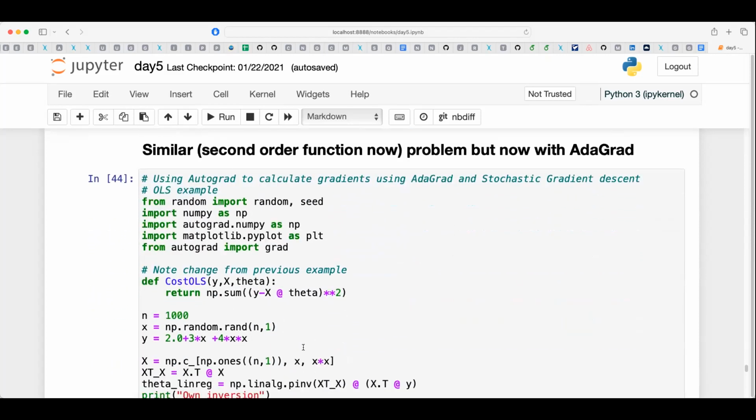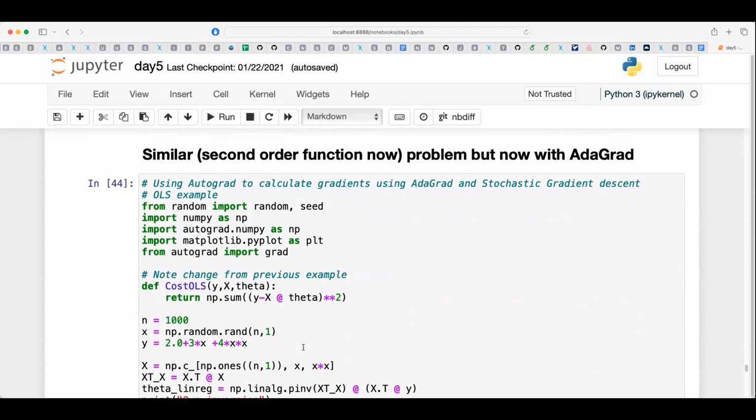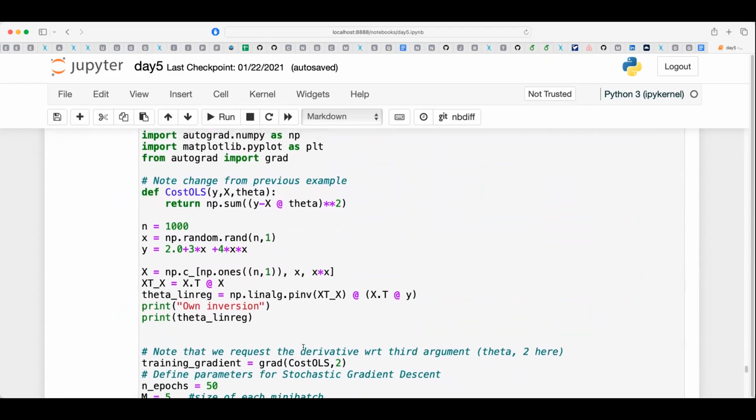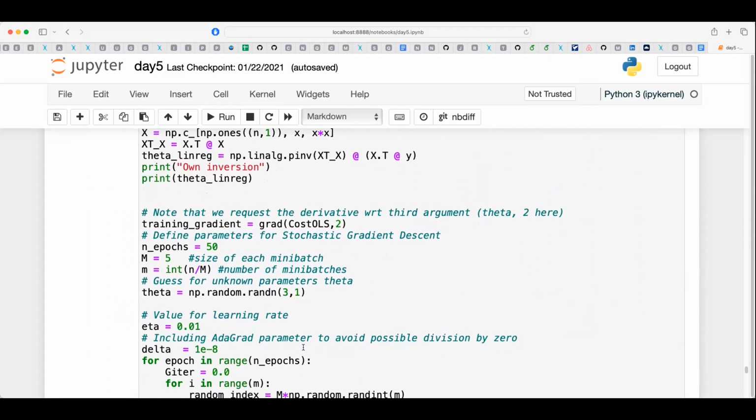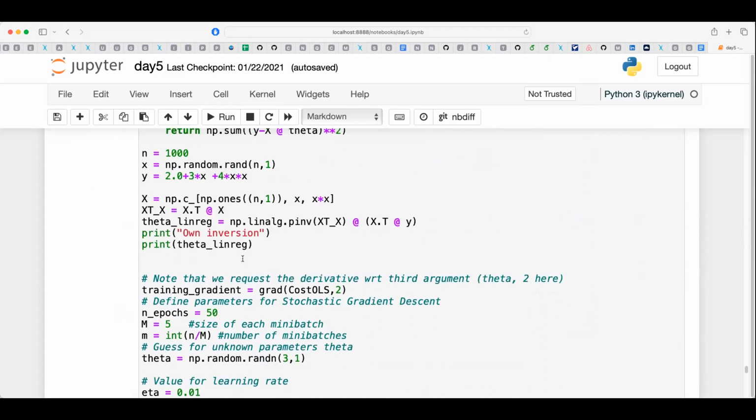And there are examples here. In this specific case, I'm setting up with stochastic gradient descent, and we come back to that. I have a second order polynomial. There is no noise, so I should get 2, 3, and 4 as my parameters if I make a good fit.